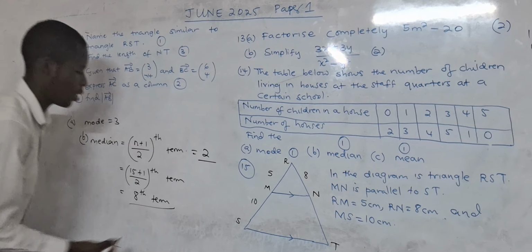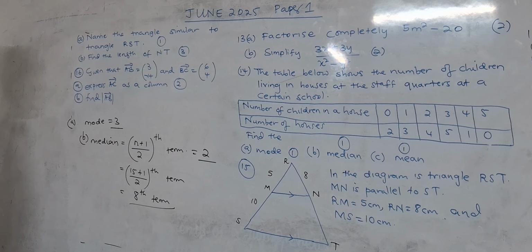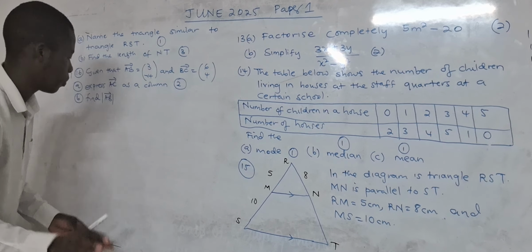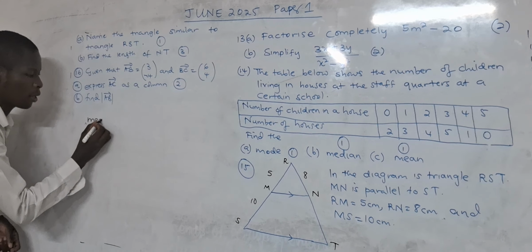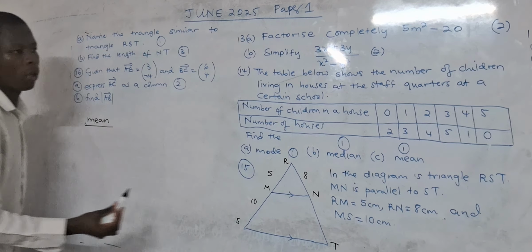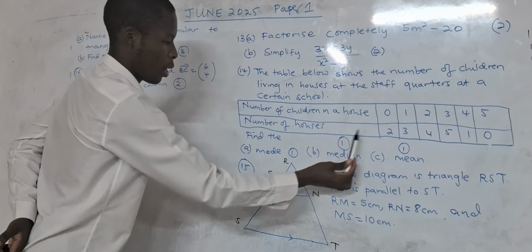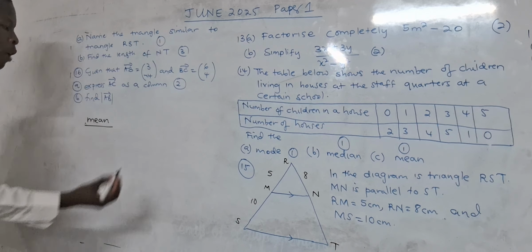So this is the answer. We want to find out the mean. So the mean is equal to, you multiply the number of children in a house and the number of houses.